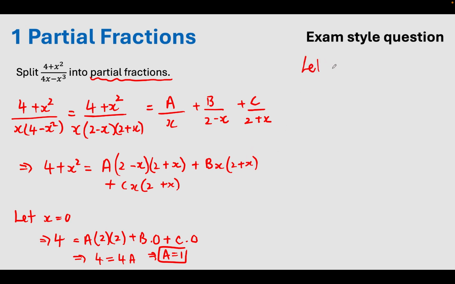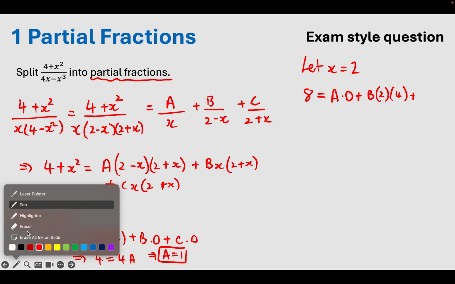Right, let's keep going. So let x equal 2. So if I let x equal 2 now, I'll get 4 add 2 squared, so I get 8 equals a times 2 minus 2, so a times 0, plus b times 2 times 2 add 2, which is 4, add c, oh, made a silly mistake here again.